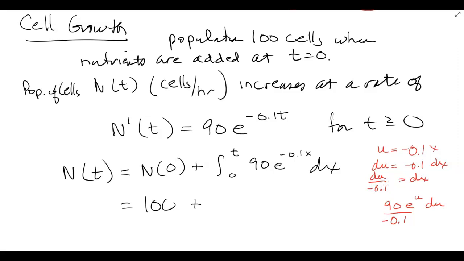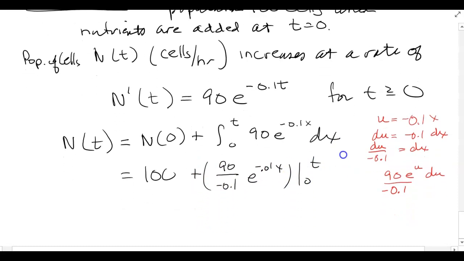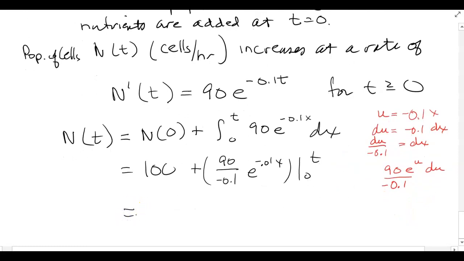So if you go ahead and do that, you will end up with your 90 over negative 0.1 e to the negative 0.1x from 0 to t. And that's going to give you 100 plus. So you got to plug in t.